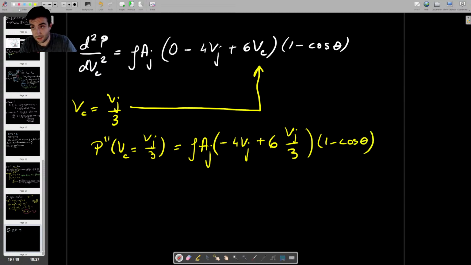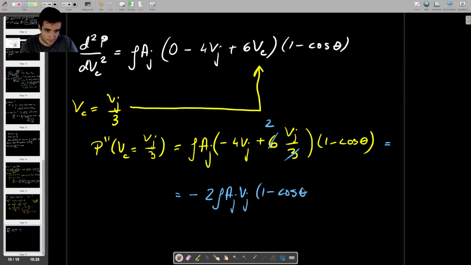And it looks like everything is fine, because this is now a negative value. So I have minus 4 Vj plus 2 Vj, so the whole thing is going to turn into minus 2 rho Aj Vj times 1 minus cos of theta.